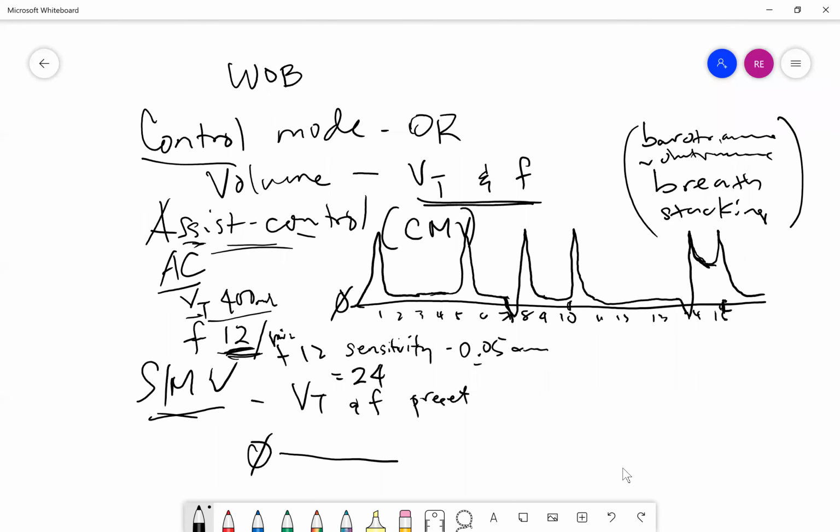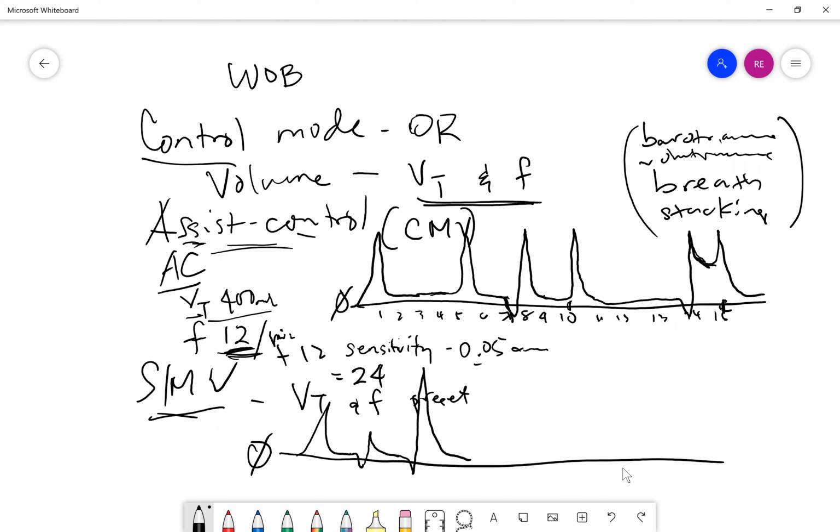So if the patient takes a spontaneous breath, so let's say this one here is a spontaneous breath by the patient. When the trigger is set, the vent will not give a breath. It will allow the patient to take, okay, go ahead, take a breath. I'll leave you alone. So the patient can take less than the preset tidal volume, or they can take more than preset tidal volume.